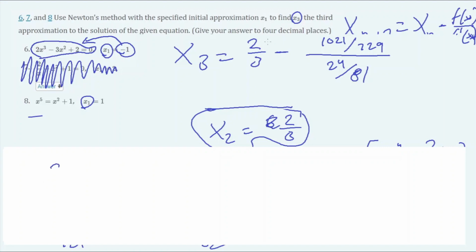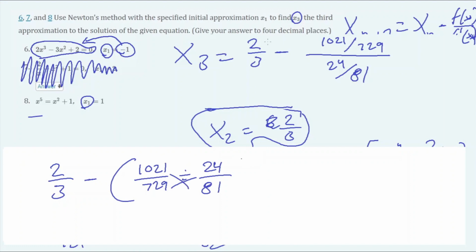So we have 2/3 minus, or actually we can just do what we did before. We can write 1021 over 729. You can also simplify this before you multiply it out. And that's going to be divided by 24 over 81.